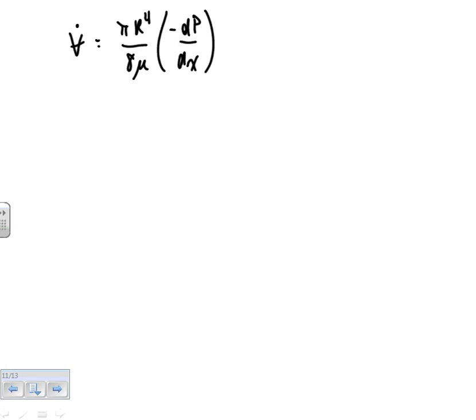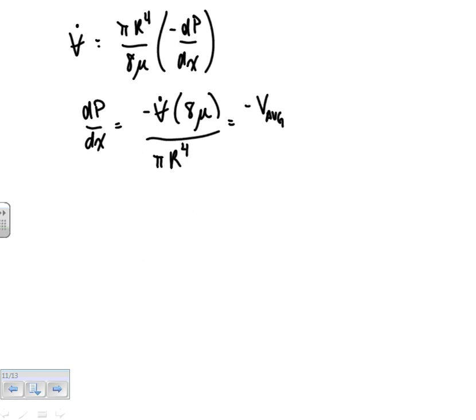So now I can rearrange this for what dP dx is equal to. Well, dP dx is just going to equal minus volumetric flow rate times 8 times mu divided by pi times r to the 4. Okay, so volumetric flow rate, that's just V average times the cross-sectional area.